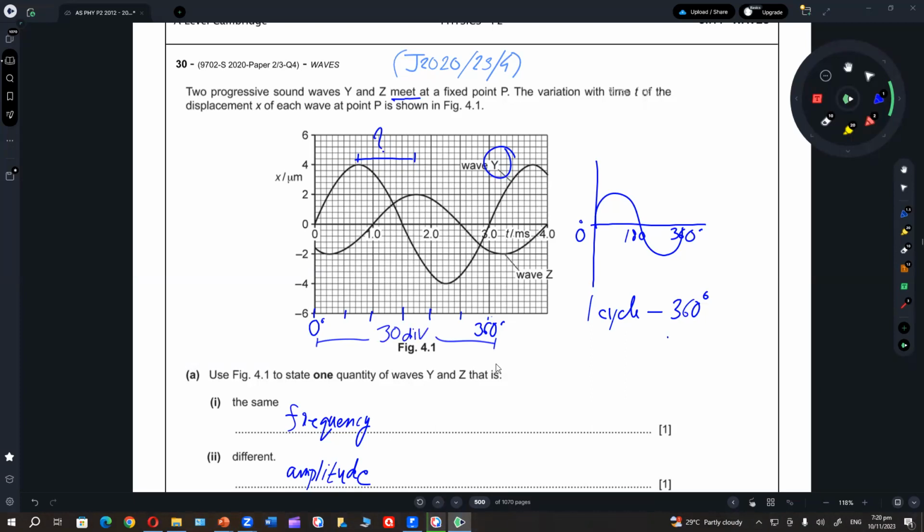And how many divisions are you giving me in the question mark? 10. There are 10 divisions, sir. 10 divisions. So I mark here 10 divisions. So now apply ratio. 30 divisions is 360 degree, then 10 divisions would be 120 degrees, sir.